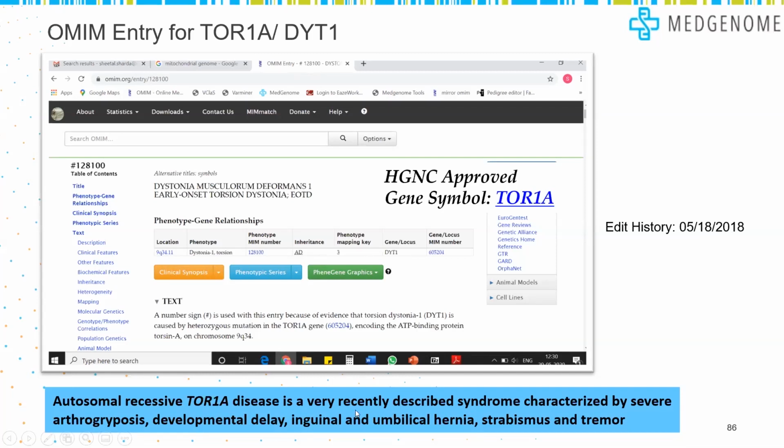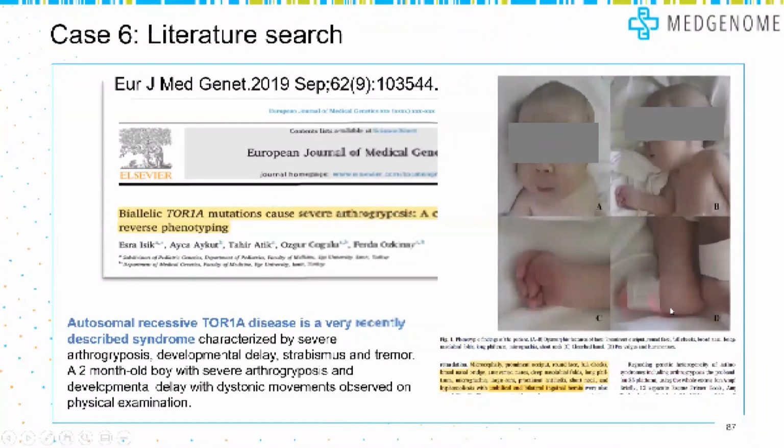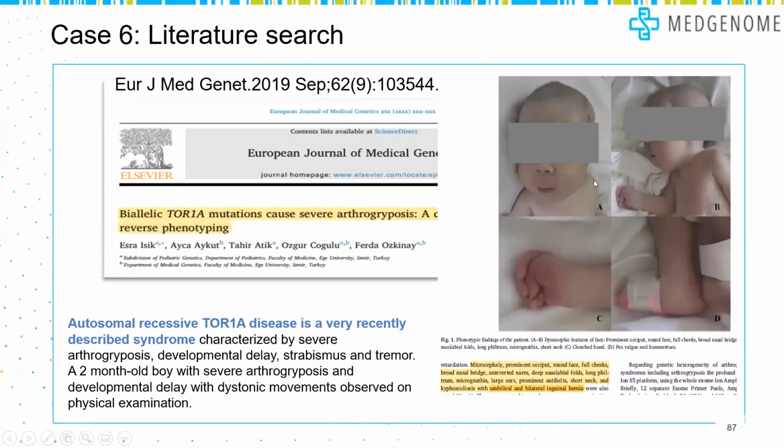And recently we found that there was a paper which said that biallelic TOR1A mutation caused severe arthrogryposis, and they also referred to it as a case of reverse phenotyping, and it was reported in September 2019. So, a very recent paper. And if you see the phenotype, it matched perfectly. The overlapping fingers, the facial dysmorphism, and as you can see, the patient also had large ears, umbilical and bilateral inguinal hernia.